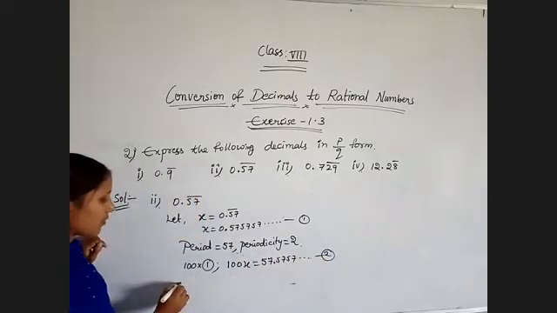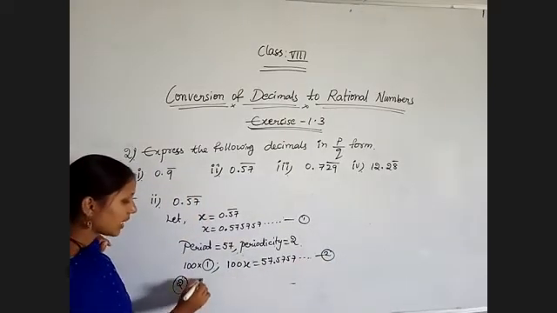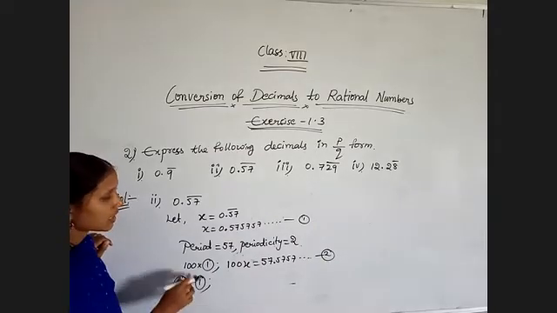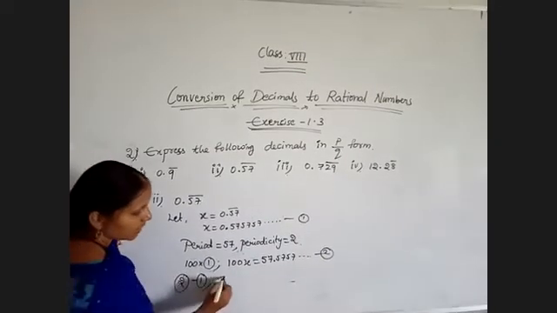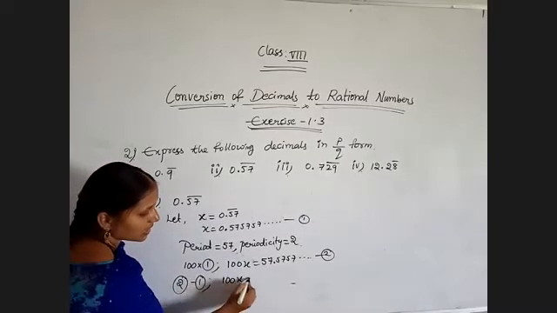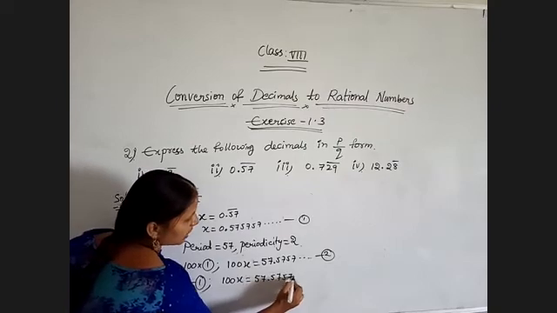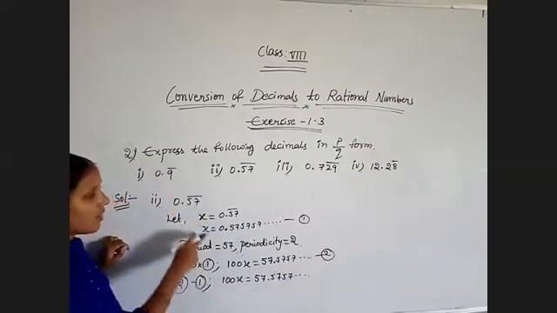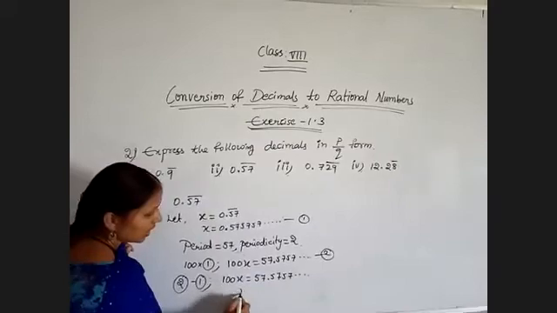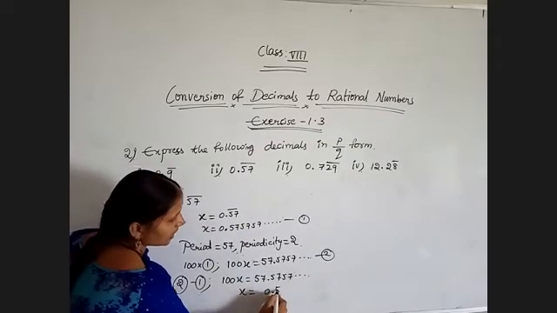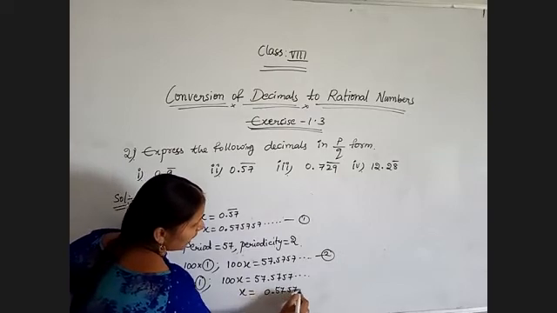Now subtract the first equation from the second equation. What is the second equation? 100x is equal to 57.5757 and so on. And what is the first equation? x is equal to 0.5757 and so on.